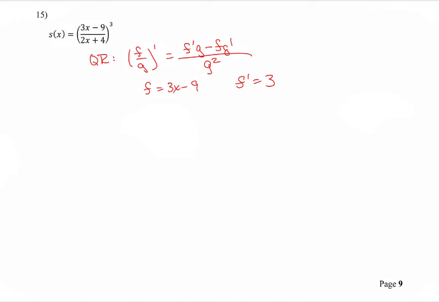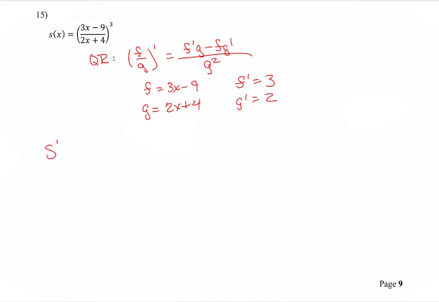All right. Now, for this example, when you take the derivative, you're going to use the quotient rule. So that's (f over g) prime, which is f prime g minus f g prime over g squared, where f equals 3x minus 9, so f prime equals 3, and g equals 2x plus 4, so g prime equals 2.